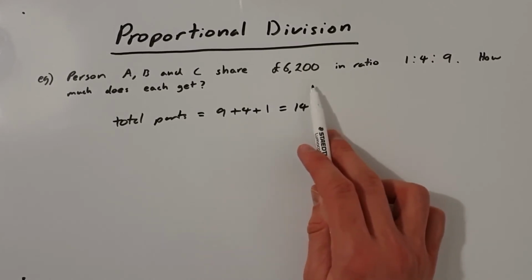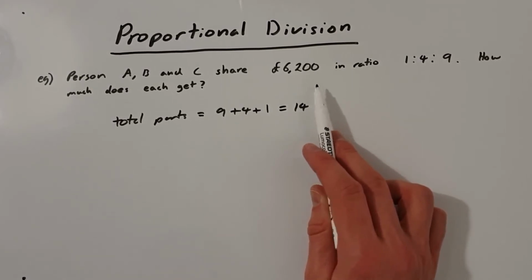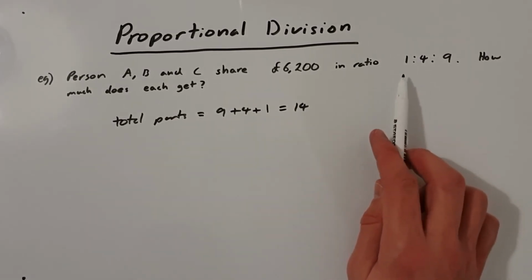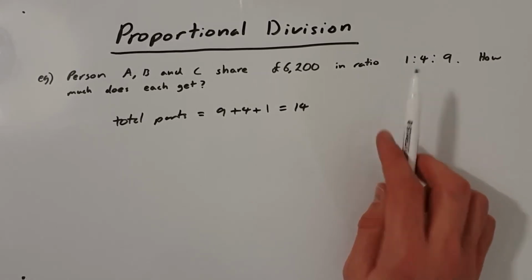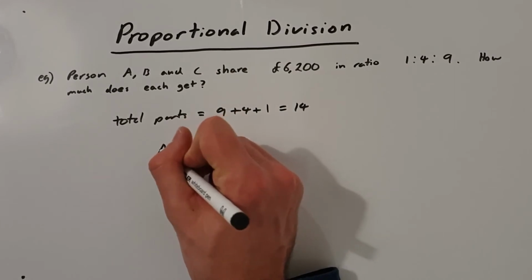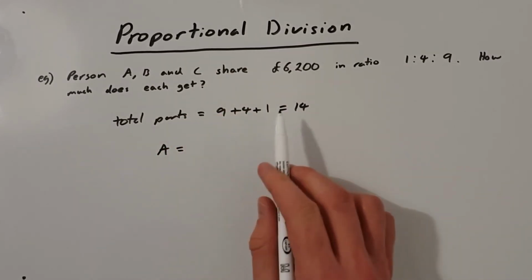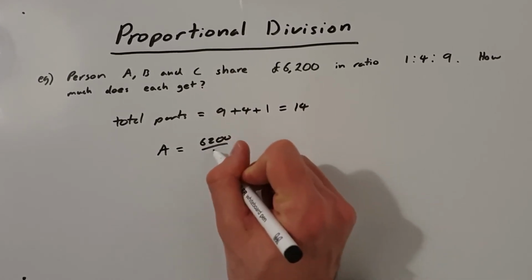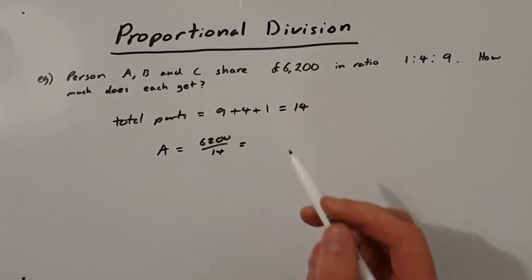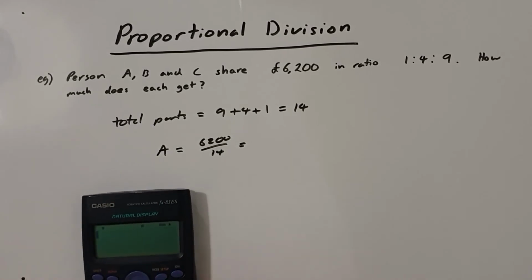So now we want to find out what one part is. And if we look in our question, this will actually give us one of the answers. We know that A has only got 1 part, so that will give us how much A has. So this will be 6,200 divided by 14. Let's just grab our calculator for that one.